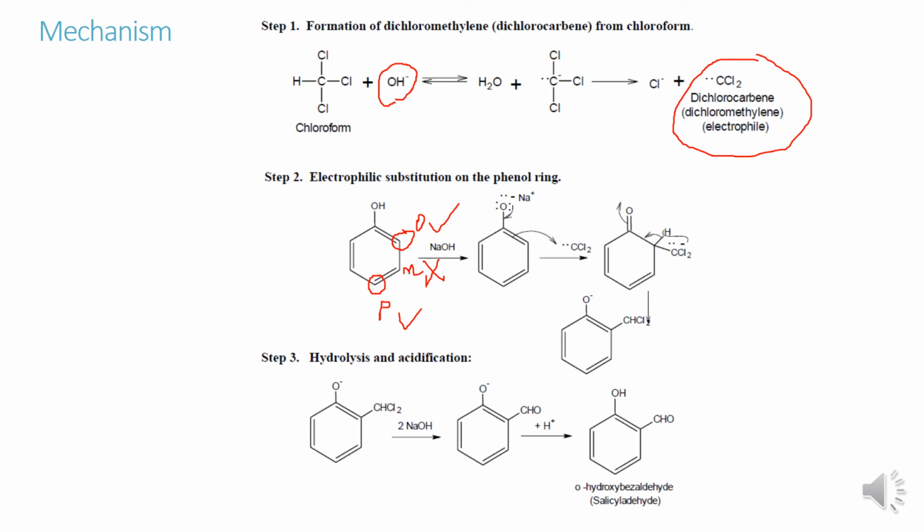After this electrophilic substitution, phenoxide ions are generated, carbene substituted phenoxide ions. Then this, on hydrolysis and acidification, gives ortho-hydroxybenzaldehyde or para-hydroxybenzaldehyde.